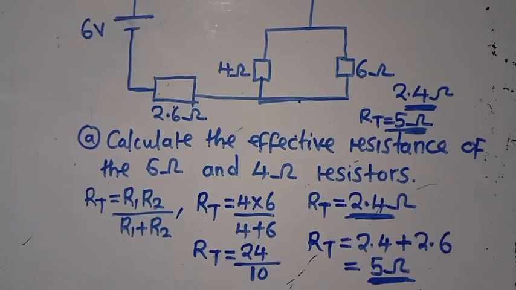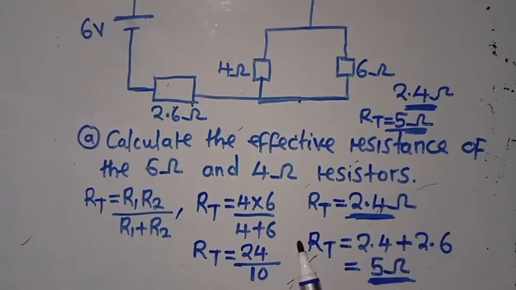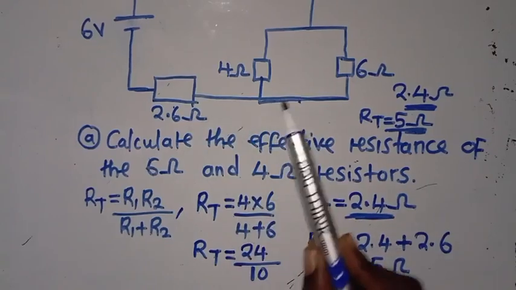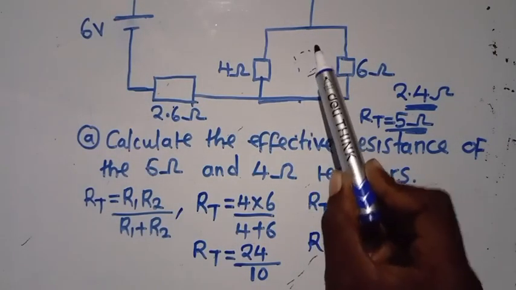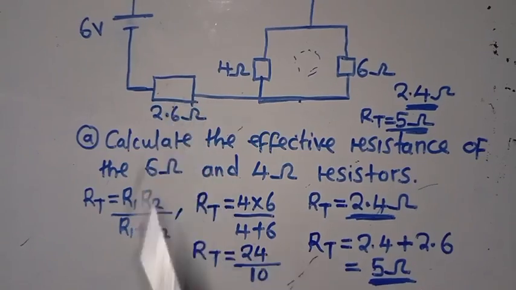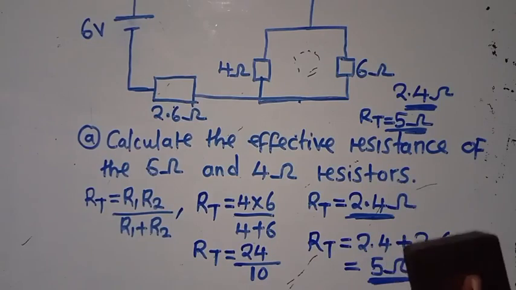If you are asked to find the effective resistance between these two, I've told you what to do. If you want to find the total resistance in the circuit, you just add, because here we found the total resistance, so this one is in series with the one that is here. These are some of the things that you need to understand.